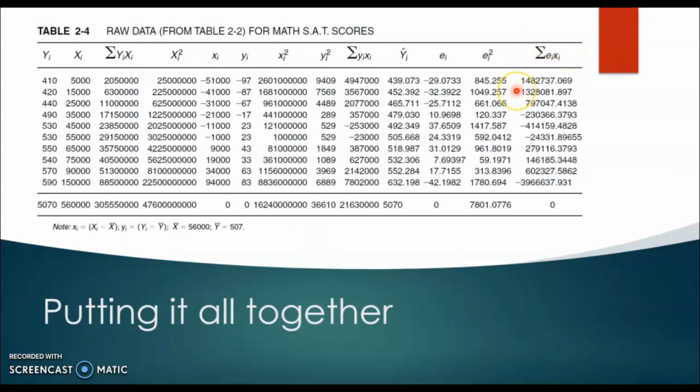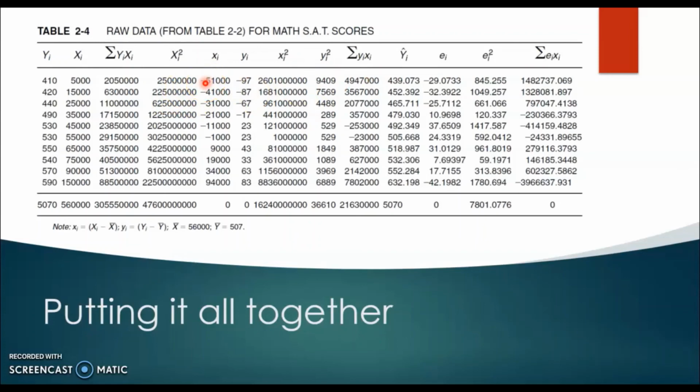So in order to get the multiplication or the product, all that we have to do is to multiply the residual with the small letter x for each observation.